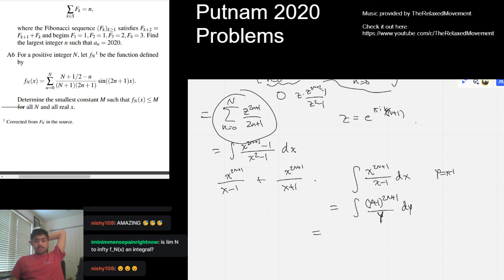In the pi over 2 case, what does this go to? In the pi over 2 case, this grows approximately like 1 over 2n plus 1. This grows like 1. This is constant order.